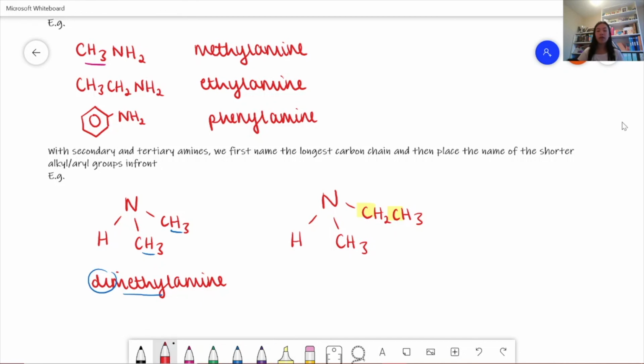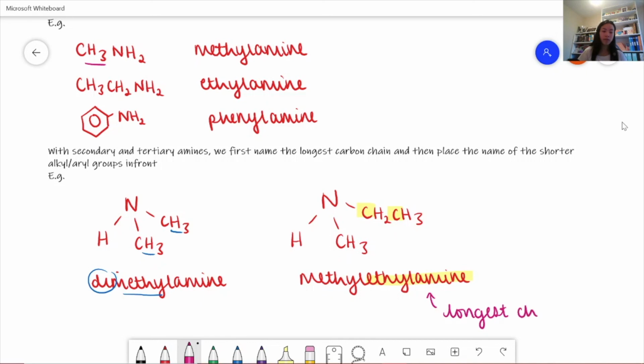So that's what goes with the amine, methylethylamine. This bit here is the longest chain we have, and so we treat this methyl as a substituent.